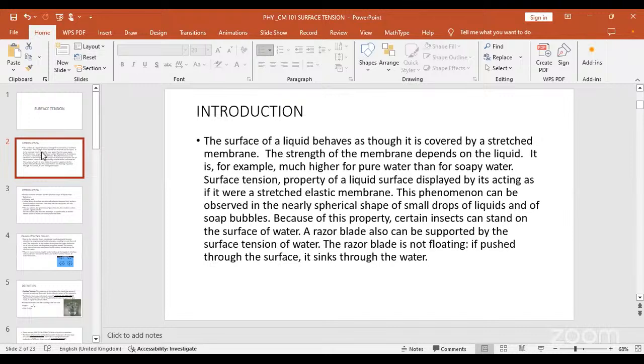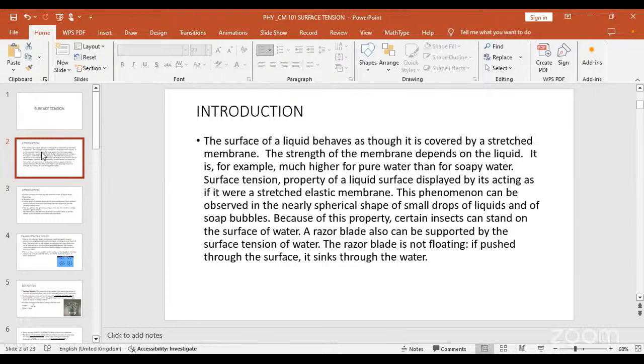For example, if you have soapy water or ordinary water, the surface tension will differ between these two kinds of water.